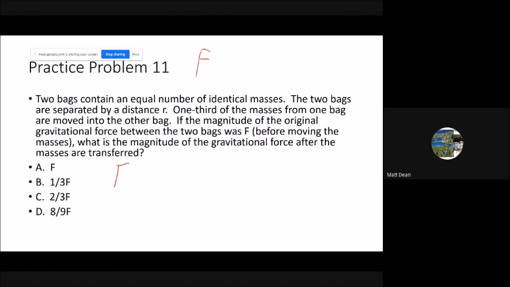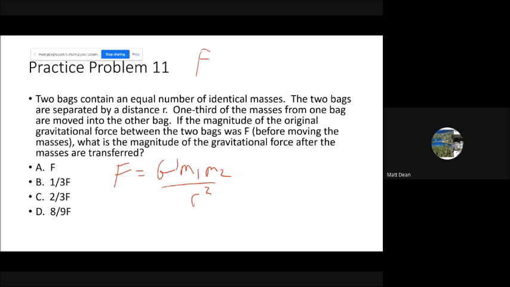So before, F would have been big G times first mass times second mass over r squared. That would have been the original force between the two objects. All right, so what we're doing first is we're moving 1/3 of the masses from one bag to the other bag.